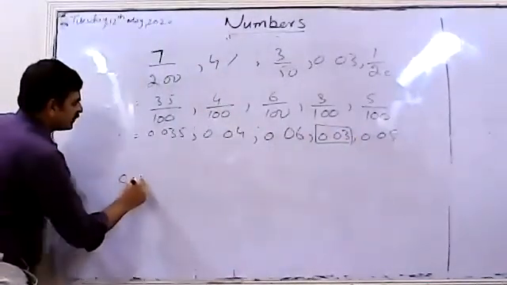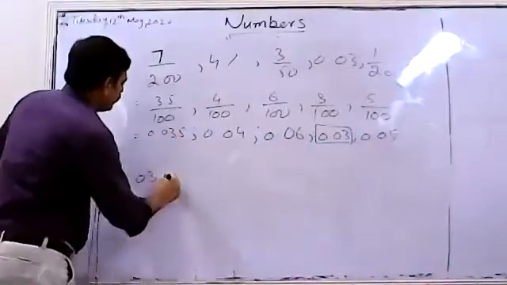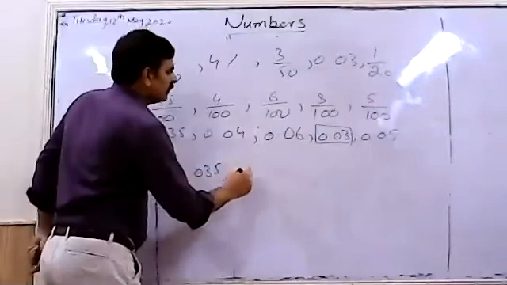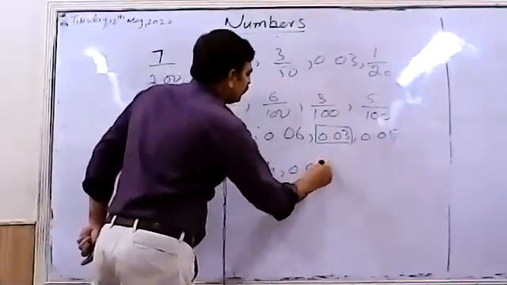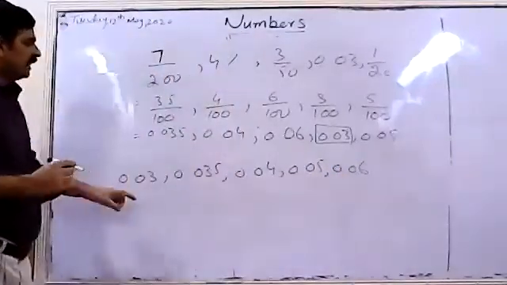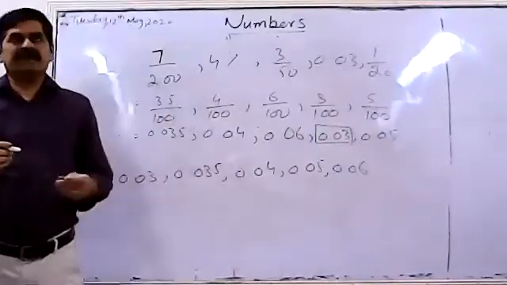First of all, we will write 0.03. After 0.03, it will be 0.035, then 0.04, 0.05, and 0.06. I have written all these values in order from smallest to highest value.